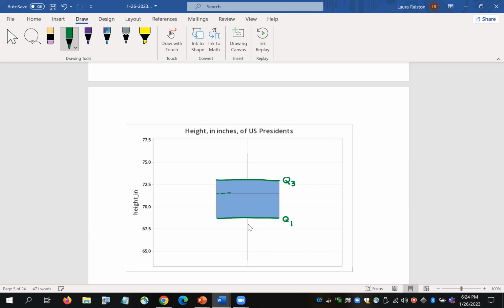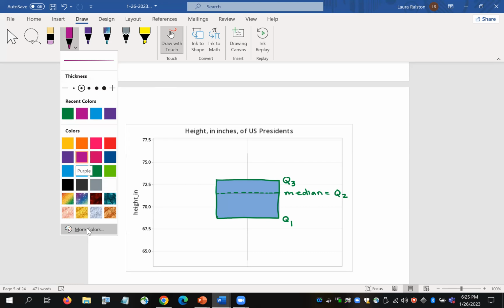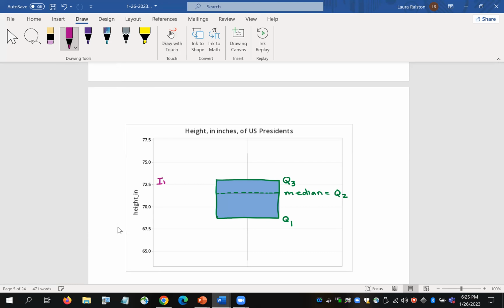This line in the middle of the box is your median, which is Q2. So this area on the box plot that's in blue is your interquartile range. That box is around the middle 50%. Interquartile range is abbreviated IQR.